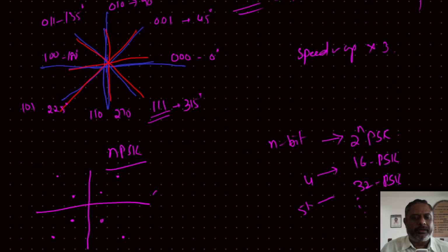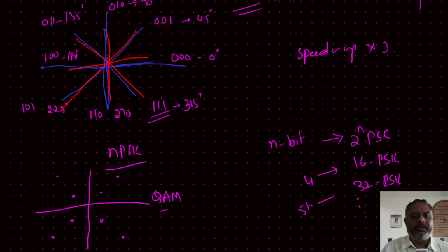So this we can call quadrature amplitude multiplexing, and that way many things will be added. So today we have a lot number of such schemes available depending on the availability of the resources.